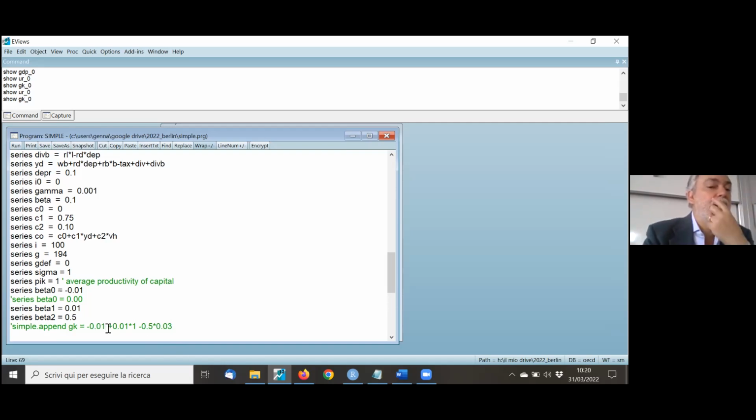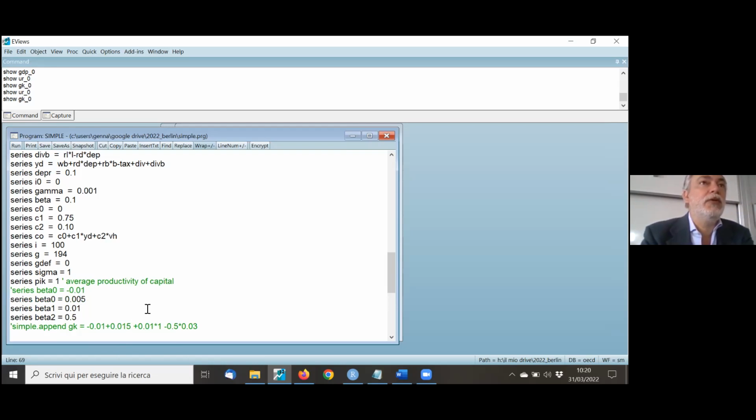And in order to get 0 for GK, you want to increase this by 0.015. So the new beta 0 becomes plus 0.005.